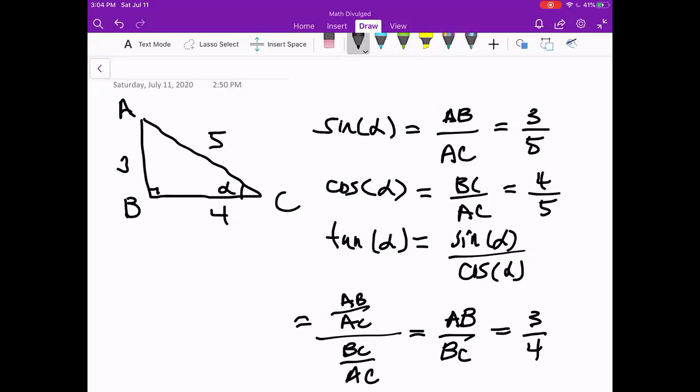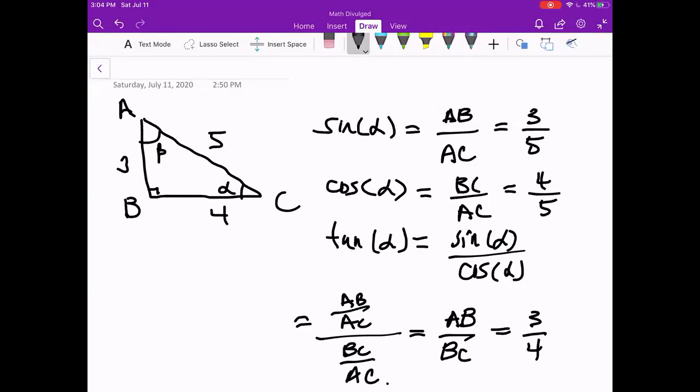If we have this angle right here, BAC, which we will denote beta, then the sine, cosine, and tangent will be different from that of angle alpha. Think of it as a function: depending on the angle that you plug into the function, the value will change. Obviously, that's not always the case, and we'll talk about how these functions are periodic later. But for the most part, if you plug two different numbers into sine, you'll probably get different values.